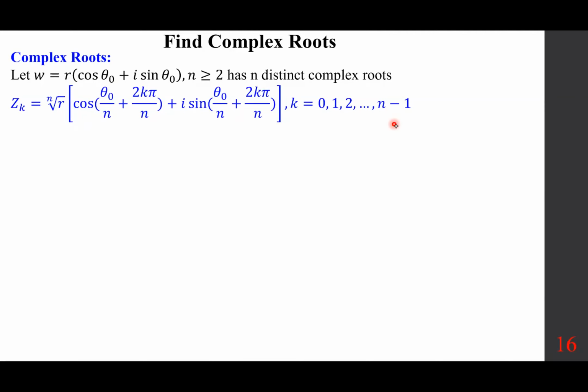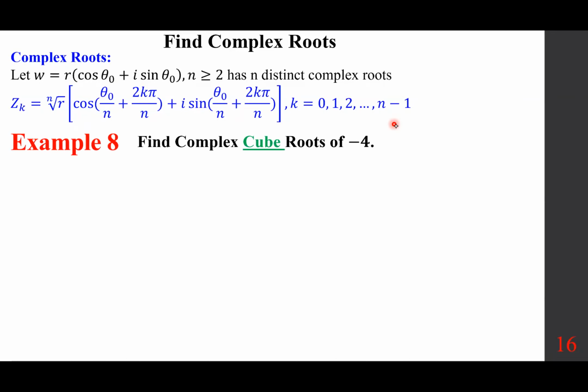So find complex cube roots of -4. First and foremost, you have to represent this in the form of R cis theta. And it is important to know, a positive number is R cis 0, because this side is positive and this side is pi.